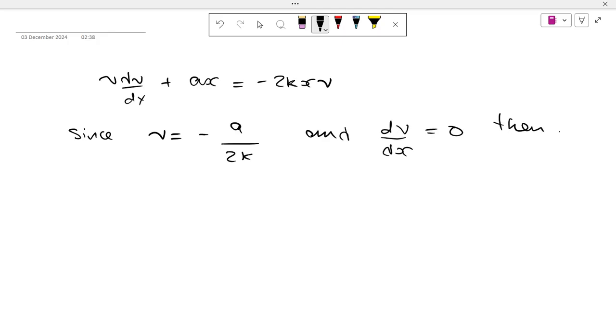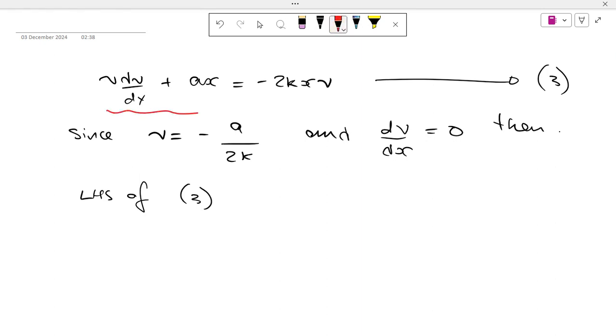then the left-hand side of equation 3 is equal to, well, we've got v, so we've got minus a over 2k times dv by dx, which is 0, plus ax, which is just equal to ax.